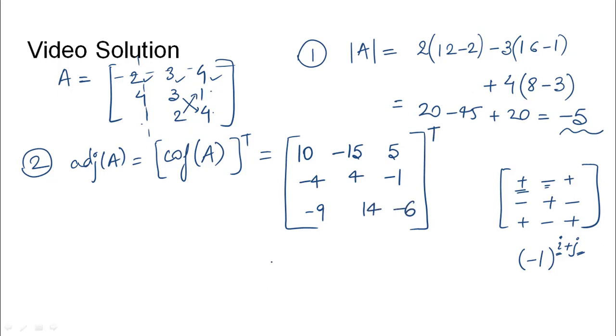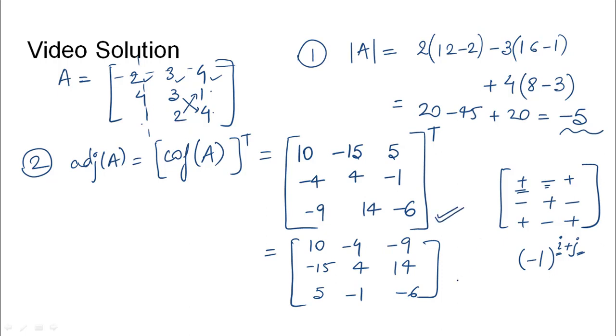We need to take the transpose of this, which gives the matrix as 10, minus 4, minus 9, minus 15, 4, 14, and 5, minus 1, minus 6. So first we computed the cofactor matrix and then interchanged its rows and columns to get the adjoint. The third step is the calculation of A inverse, given by the adjoint of the matrix A divided by its determinant.